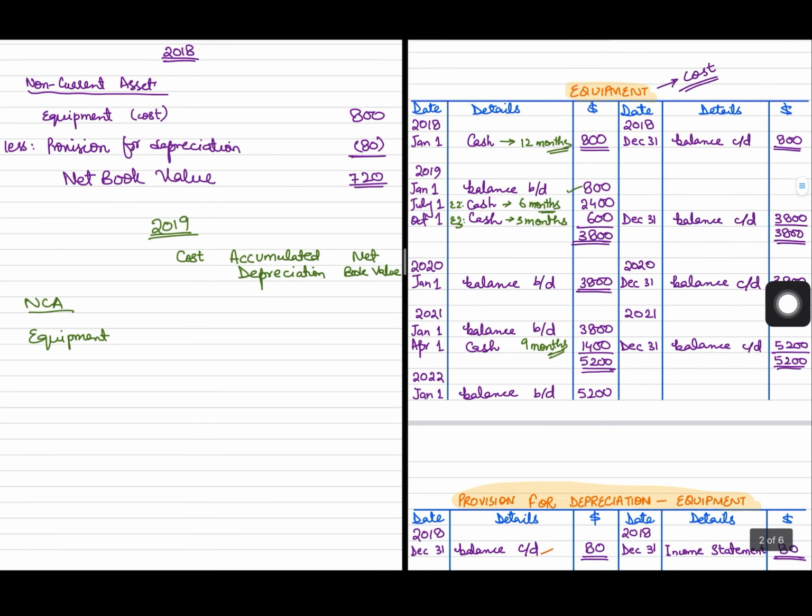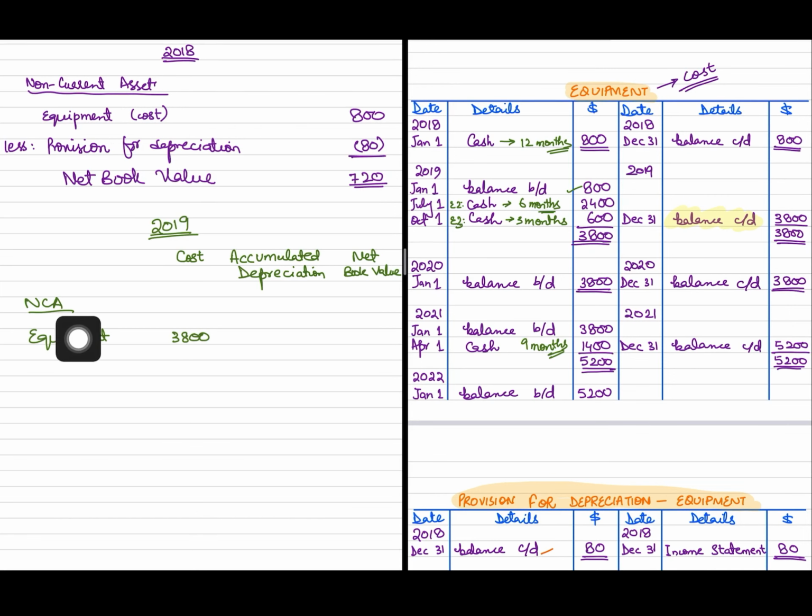So the balance carried down figure in 2019 is 3800 because we purchased 2 new assets in that year. So cost is 3800, right? In the first column you write the cost, balance CD figure. This was also the cost, but this was written like this.